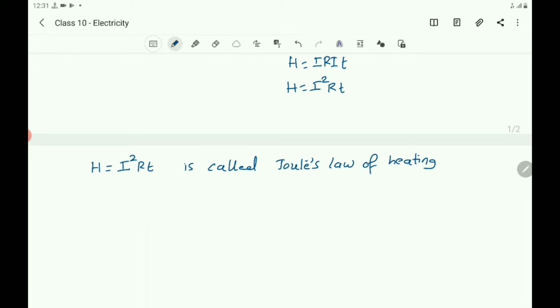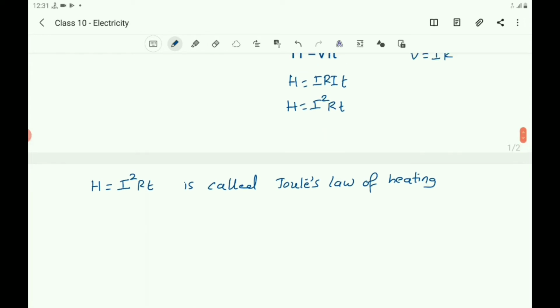The law implies that heat produced in a resistor is directly proportional to the square of current for a given resistance R, and directly proportional to resistance for a given current, and also directly proportional to the time for which the current flows through the resistor.